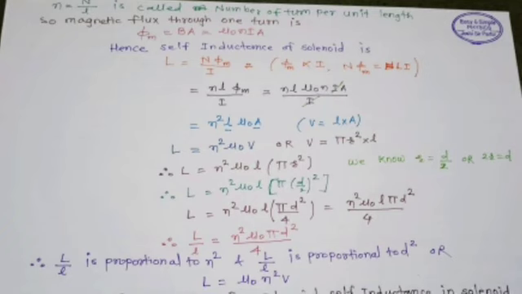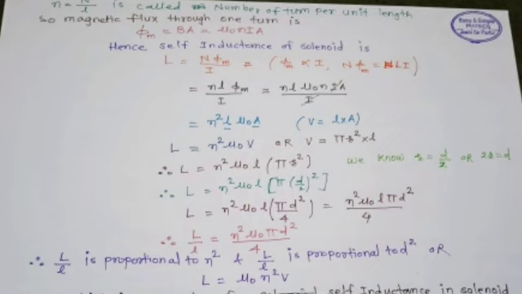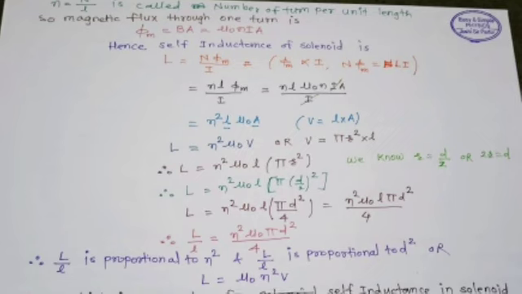So, L equals N phi m upon I. N l mu 0 n I A upon I, where I gets cancelled.